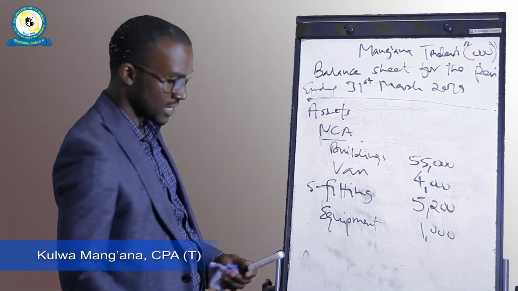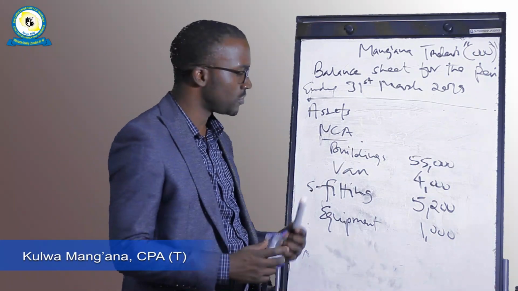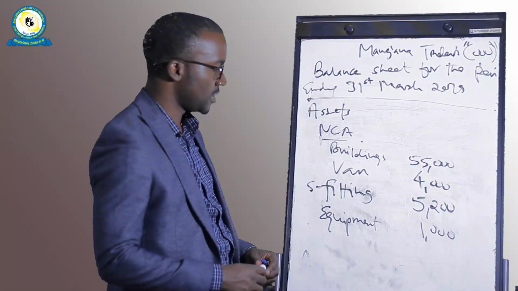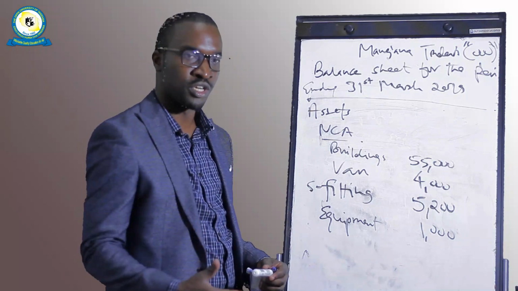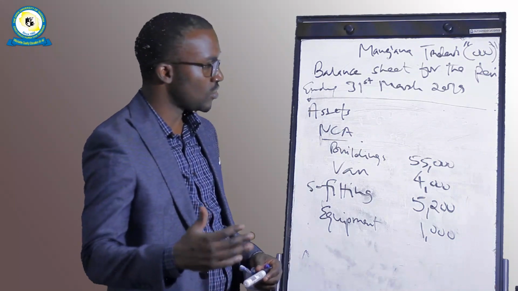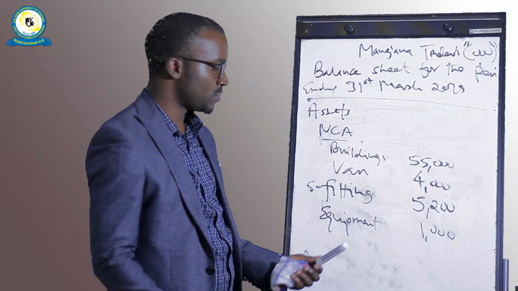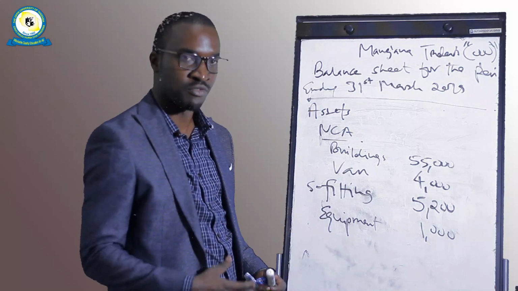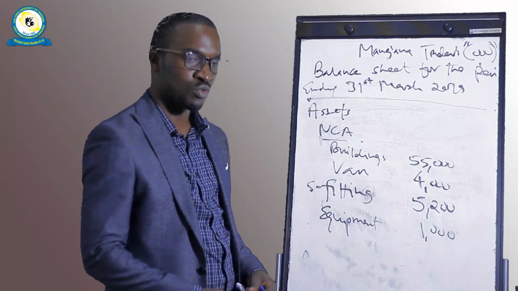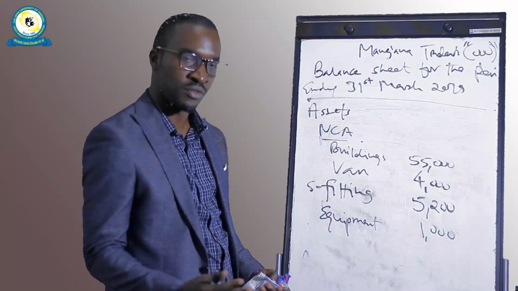What do we mean by non-current asset? Because you might even ask yourself that. Non-current assets are the long-term assets that we expect to generate future economic benefit in your organization over a longer period of time. You expect these assets to stay in your company for a period of more than 12 months. For example, equipment: we don't expect it to stay for 1 or 2 months.